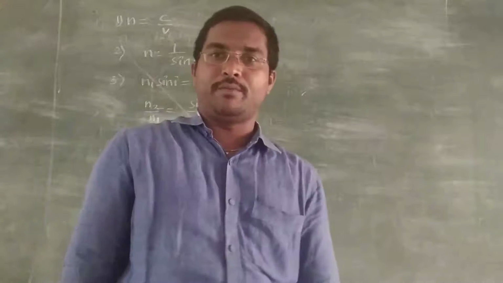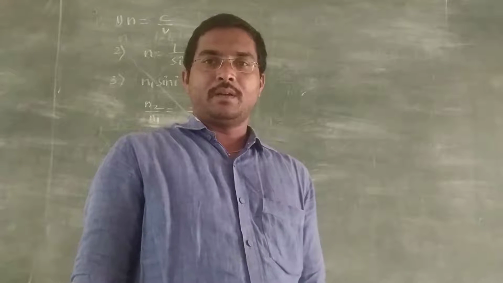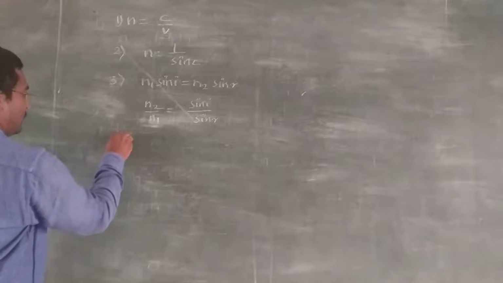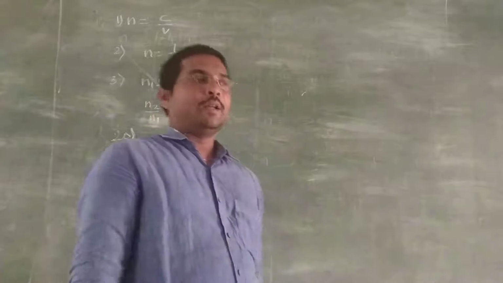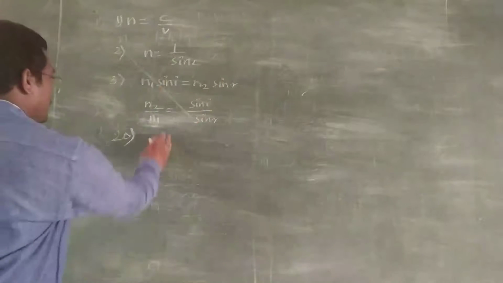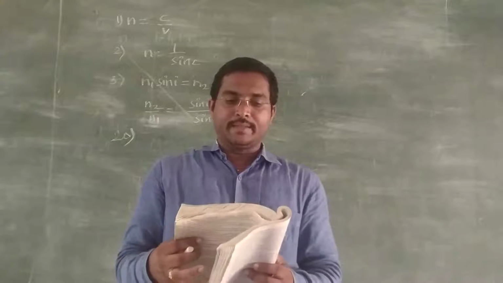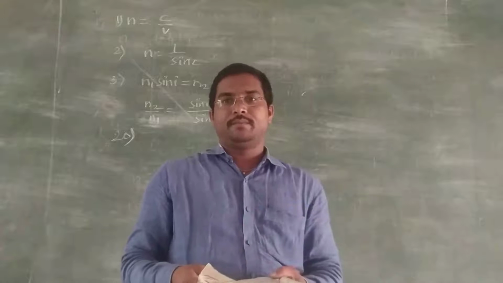We want to calculate a few problems here. So in your textbook, third chapter, 20th problem, question number 20. See, the problem I am reading here: a light ray is incident on a light interface at 45 degree.